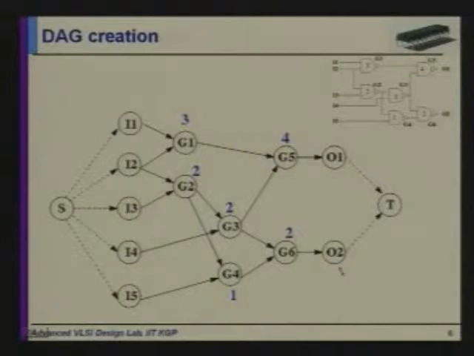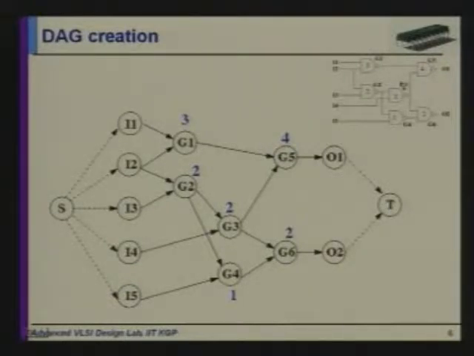This is just a dummy node, and I have added the edges to it, just to ensure that I have a single source and single target. What I have done here, I have written 3, 2 along the gate node, which represents the delay of the corresponding node obtained from the circuit.